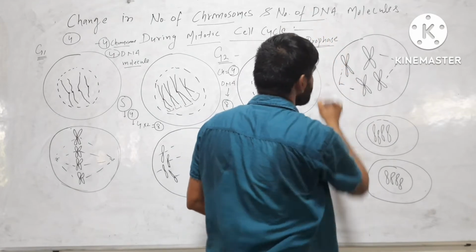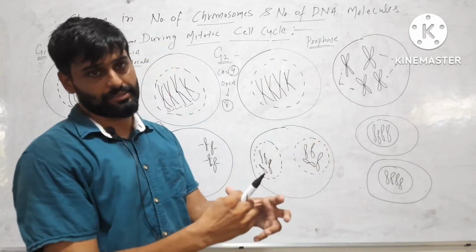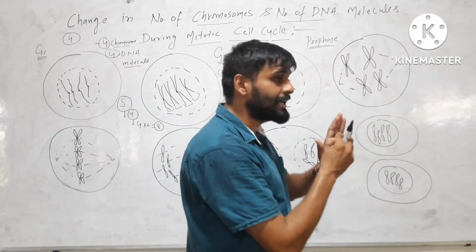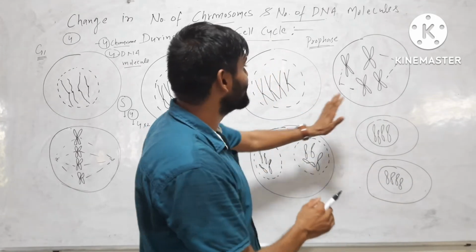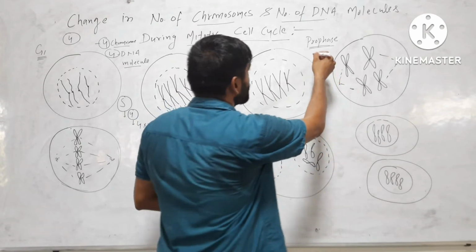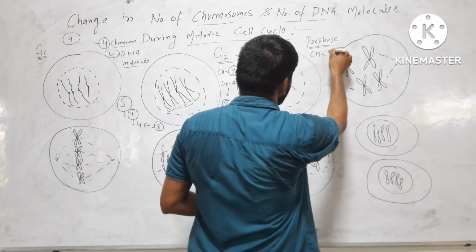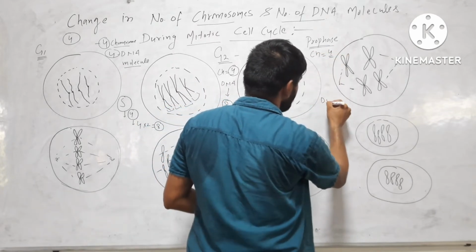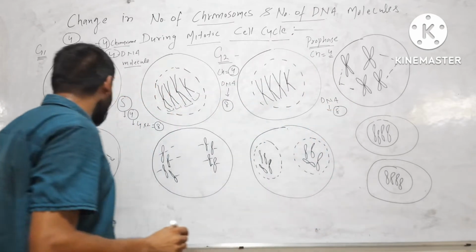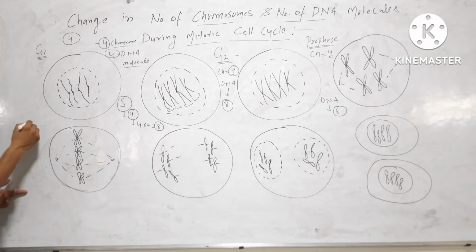In case of prophase, we know that condensation occurs and chromosome becomes visible, but there is no further change in DNA molecule and chromosome number. So here chromosome number is 4 and DNA molecule is 8.